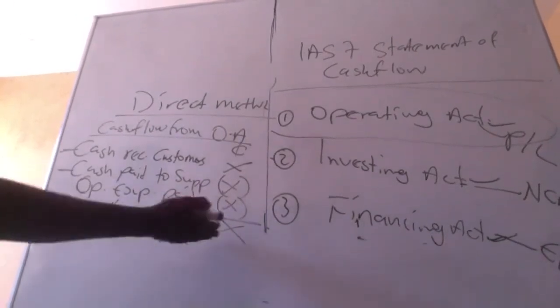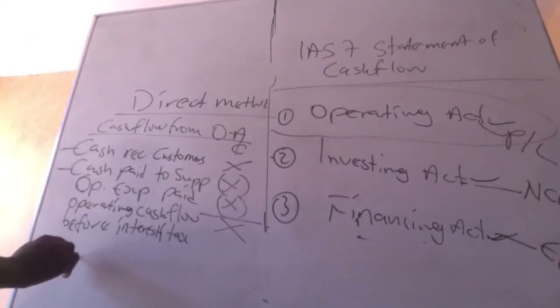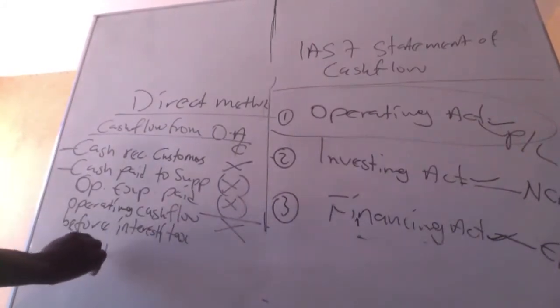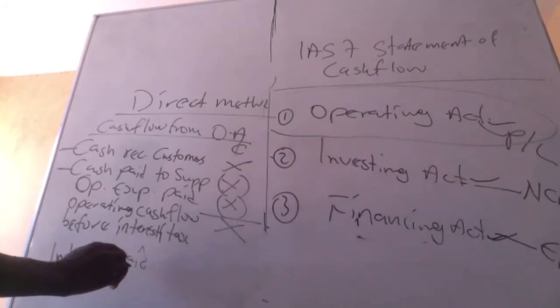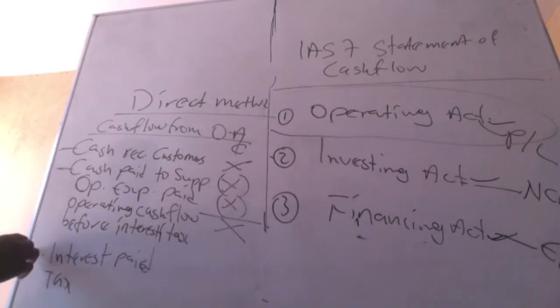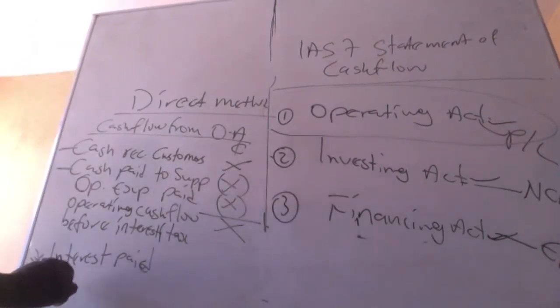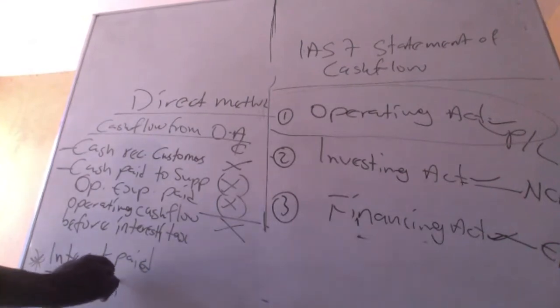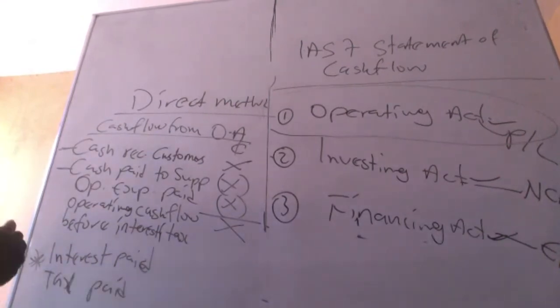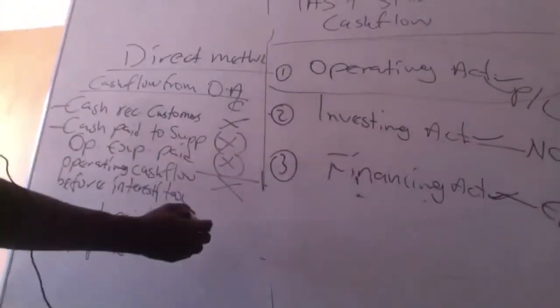Then if this cash flow is before interest and tax, you go to interest paid, and tax paid. Don't forget that the interest paid can also be under financing. So tax paid. Good. So that is it. Okay. So this will be the format that we are going to use.